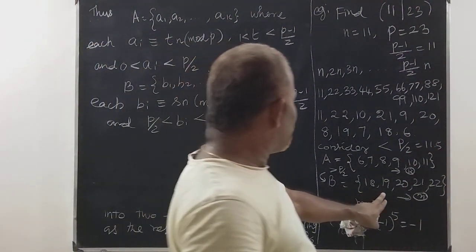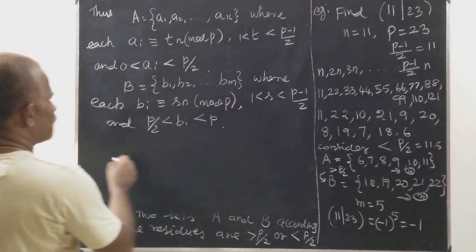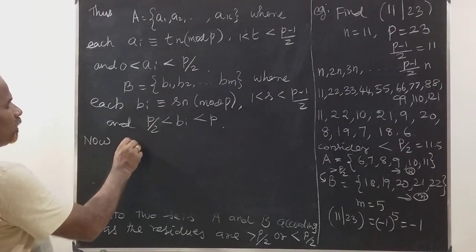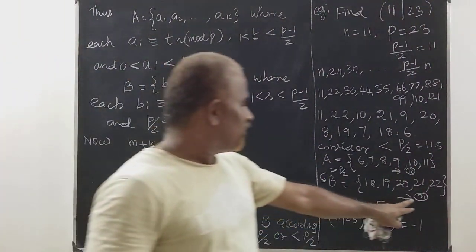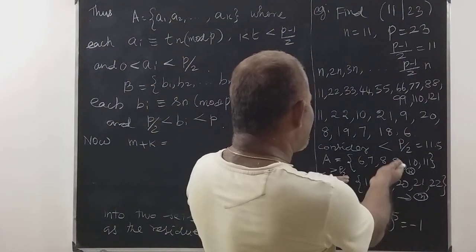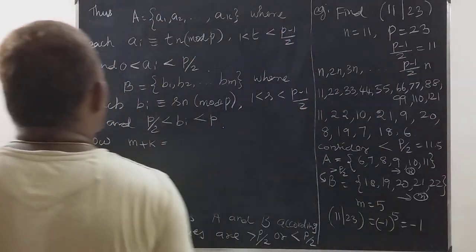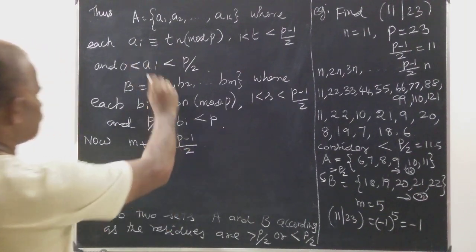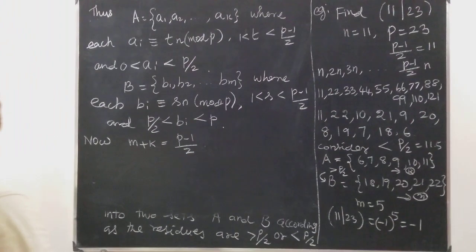Here there are m elements and here k elements. If you add them, the total number of elements is 11, that is p minus 1 by 2. So m plus k is equal to p minus 1 by 2.